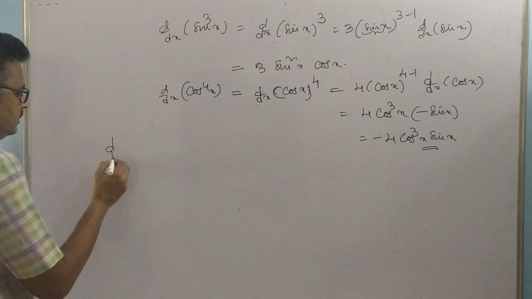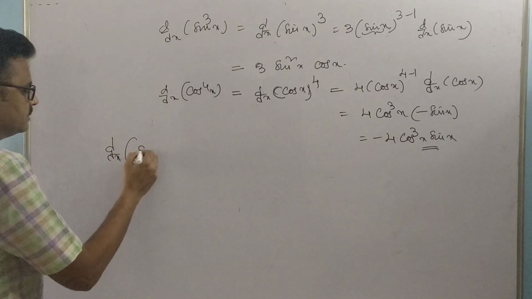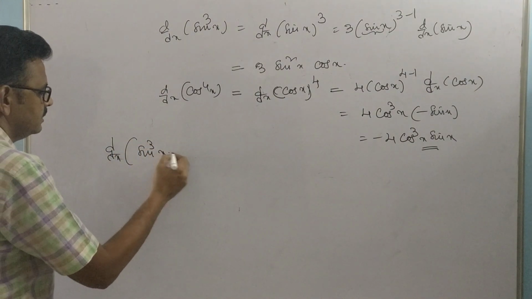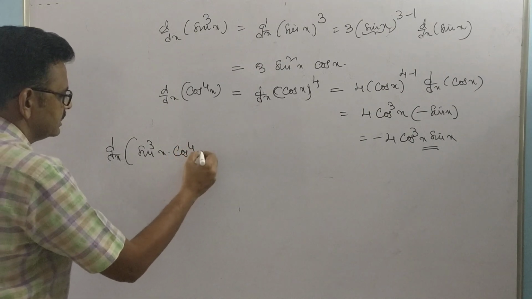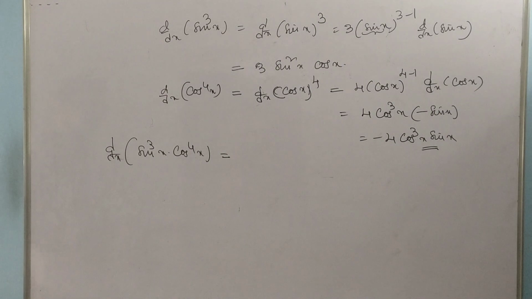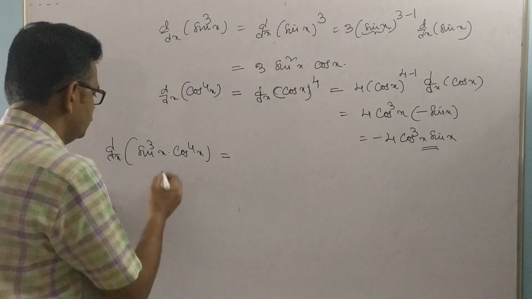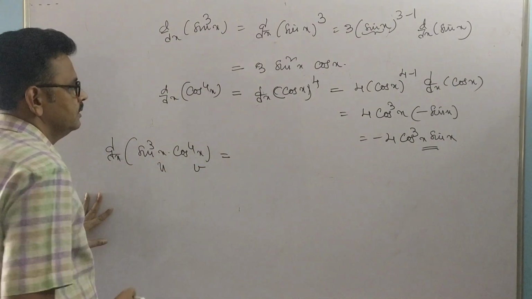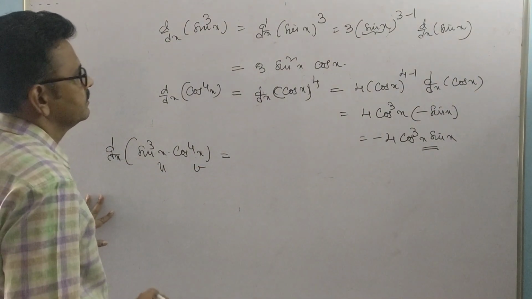Next one, you have to find the derivative of sin cube x into cos power 4x. So this is UV form. What is the derivative of UV?